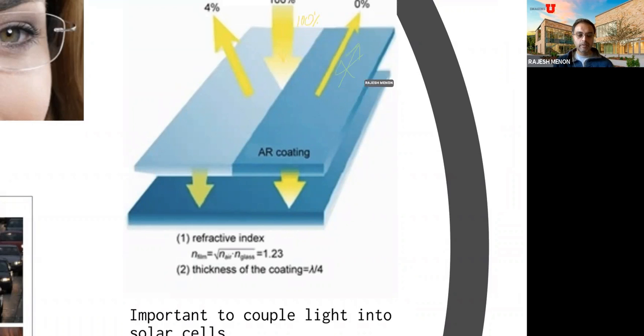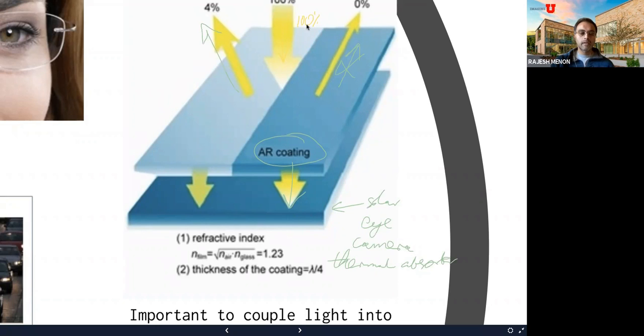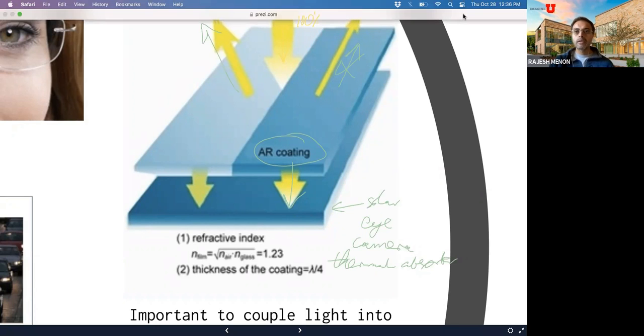Nothing bouncing off here. That is what this AR coating will do. You want 100% of the light going in to whatever it is. This can be a solar cell, this can be just your eye, this can be a camera, a thermal absorber, whatever, right? Doesn't matter. We are agnostic. Now, if you don't have the AR coating, you will get this loss. And typically, if you do the analysis, it's at least a 4% loss.